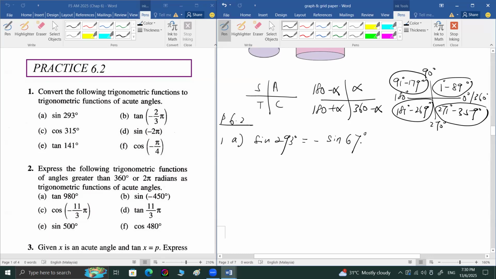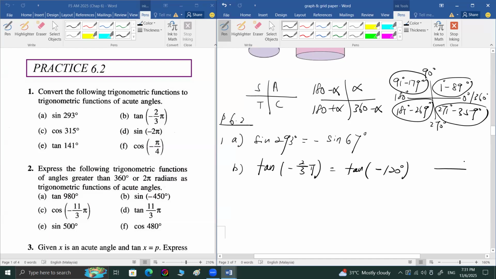Next, I do one with the tangent. Tangent -2/3 pi. If you are not used to the pi, you change it to the angle in degrees. You apply 2/3 times 180, so you get 120. So -120, class.